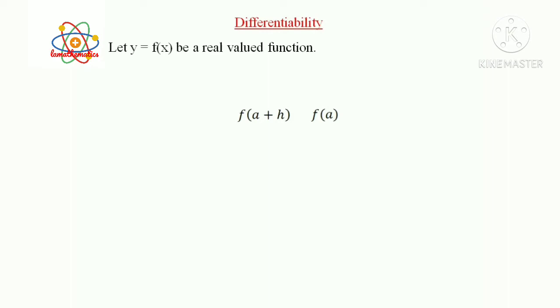The difference of y values at x equal to a plus h and x equal to a is f of a plus h minus f of a. The ratio of the difference of y values to that of x values is f of a plus h minus f of a by a plus h minus a.